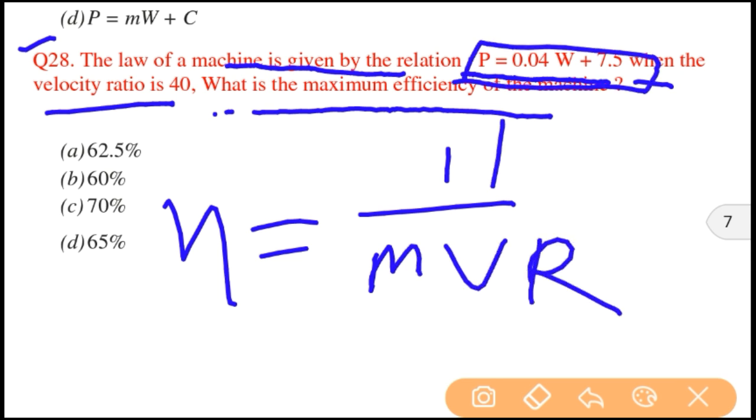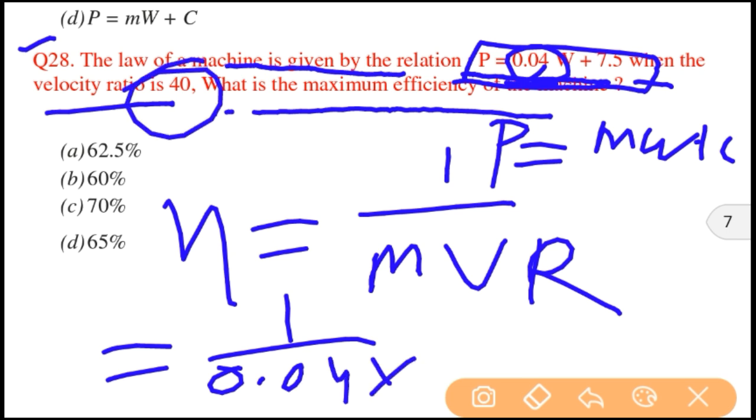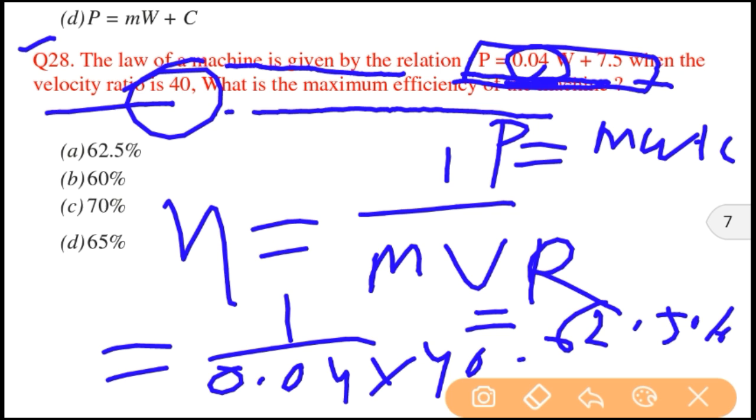The law of machine is P equals mW plus C, so m equals 0.04. So that equals 1 by 0.04 into the velocity ratio, 40. That equals 62.5, which will be the correct answer. You can calculate it by yourself.